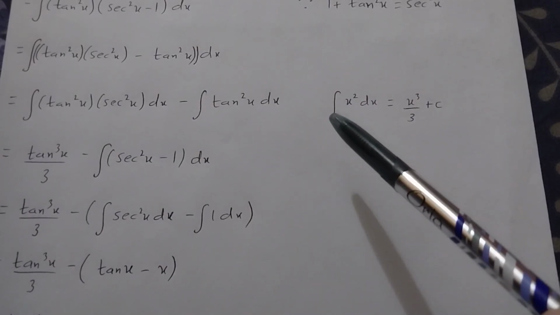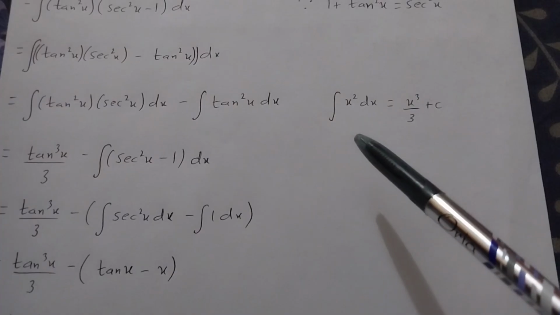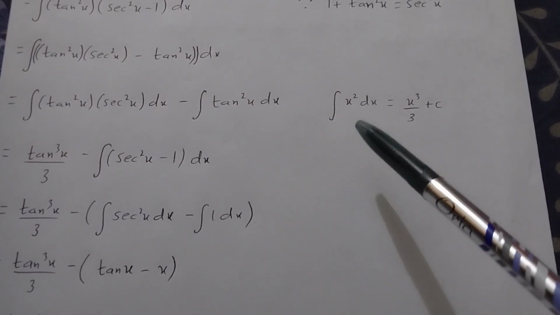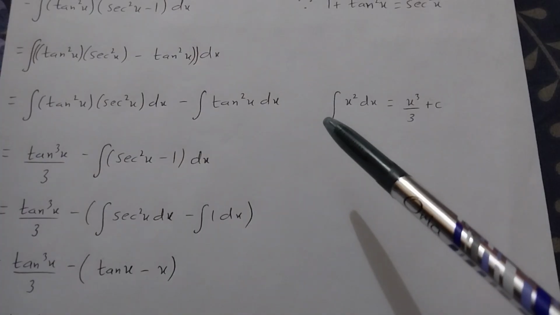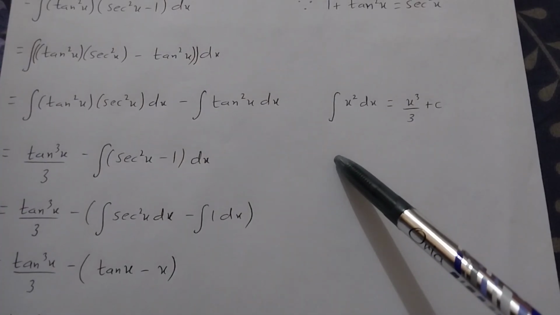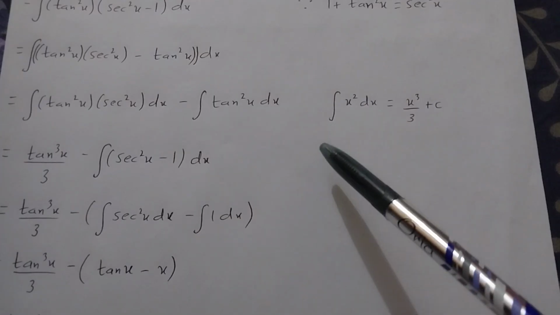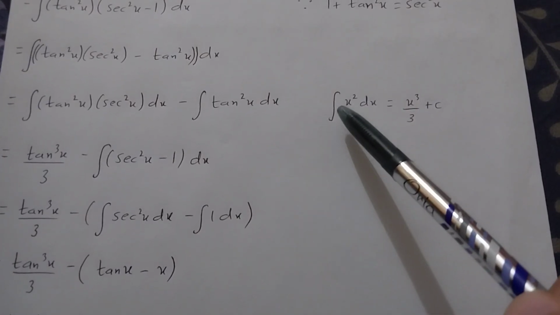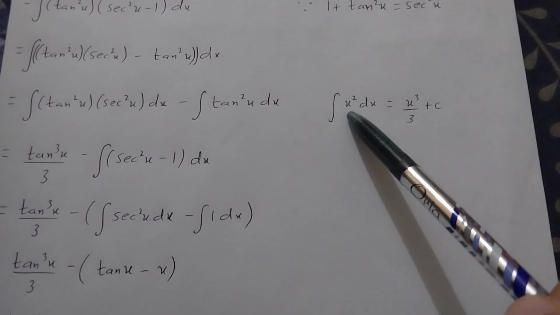And if we take x cube as a function and check its derivative, it is 3x square. The power has 1 subtracted and the coefficient comes in front. So the derivative of x cube is 3x square, but we don't have 3x square here.